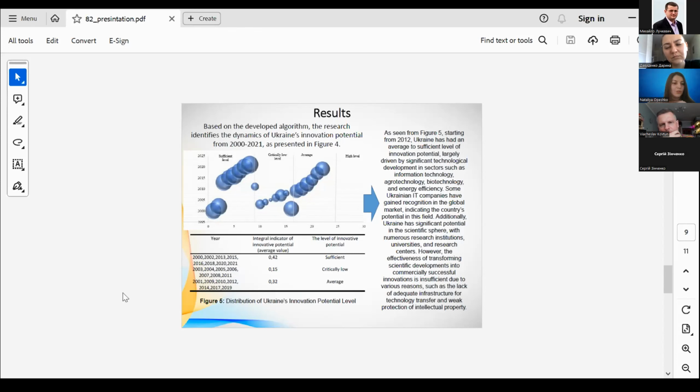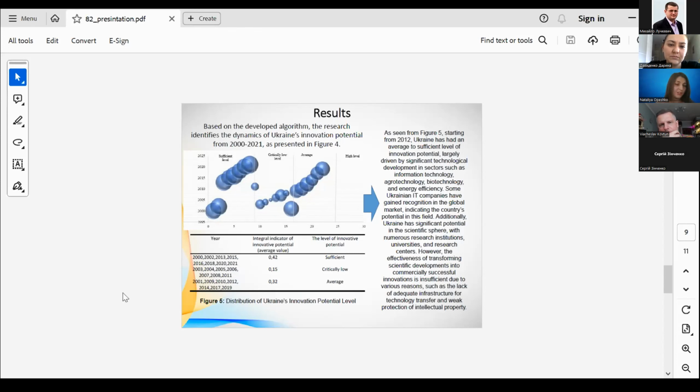Afterwards, our goal was to optimize these indicators, and they create the base for the further analysis, which is to find the indicators which can show the whole picture. And afterwards, we use factor analysis methods of principal components, and to create the one and only factor indicator to analyze innovation potential.